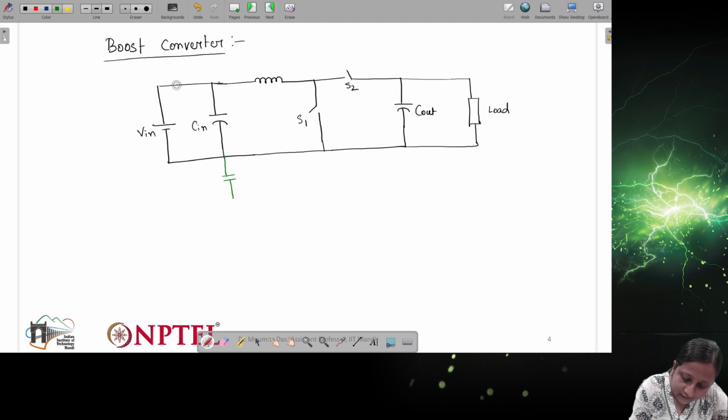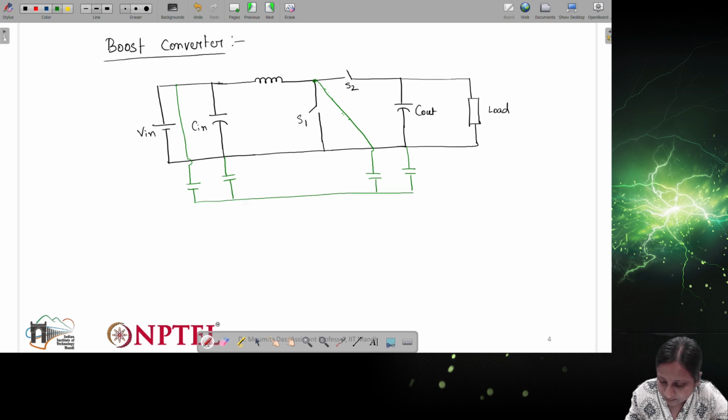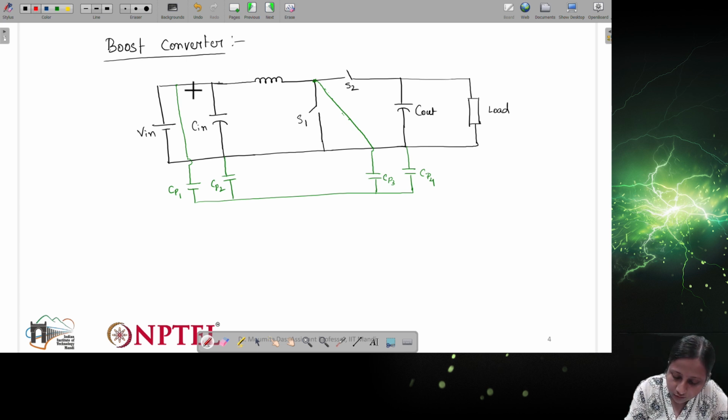I am using the same color just to make sure that you can connect these two diagrams. So with respect to this particular switch there will be a parasitic capacitance like this, and similarly another parasitic. So this is CP1, CP2, CP3, CP4, right?